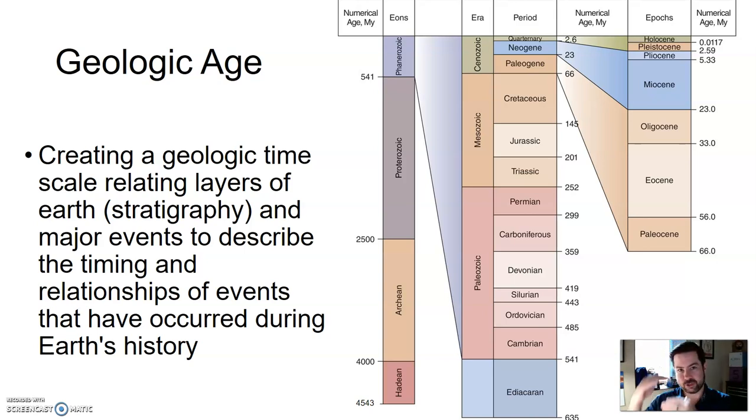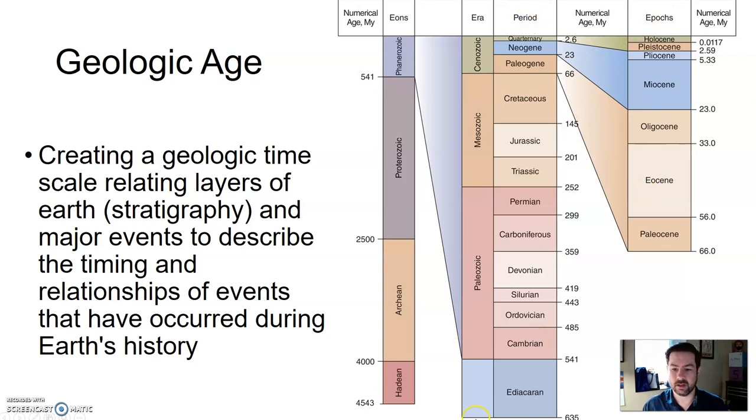We can chunk ages of rocks into these different blocks, these different sections, and again, this will be a part of another lecture on geologic age. We can break the Earth's history going back 4.543, if you want to get technical, 4.54 billion years, down into big chunks called eons, smaller chunks called eras, even smaller chunks called periods, and even smaller chunks called epochs.